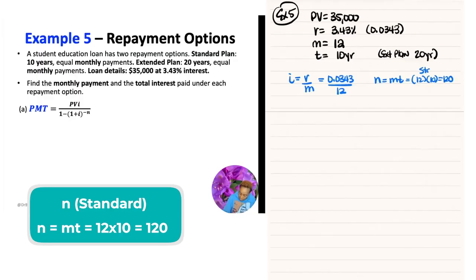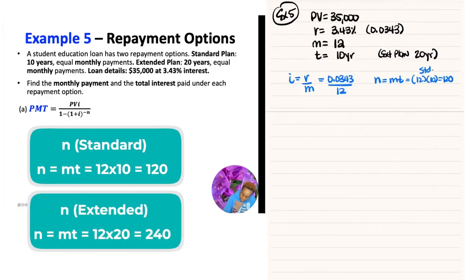And then for the extended plan, it's going to be 12 times 20, which should be 240. Oh, extended, sorry. Let me put, this is the standard plan. And this is the extended plan.